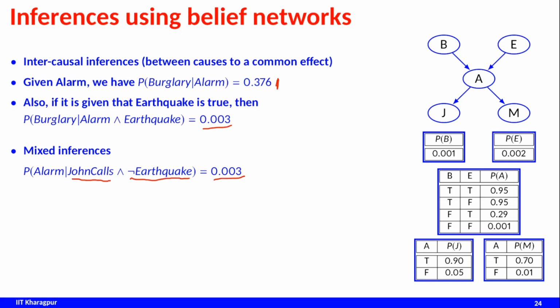If we observe a certain outcome, we can do some diagnostics, like if John calls, then with what probability the earthquake actually happened. This kind of diagnostic or more complicated reasoning we can query, and this is a compact representation, which is one of the most important things, and it can be used for answering different kinds of queries.